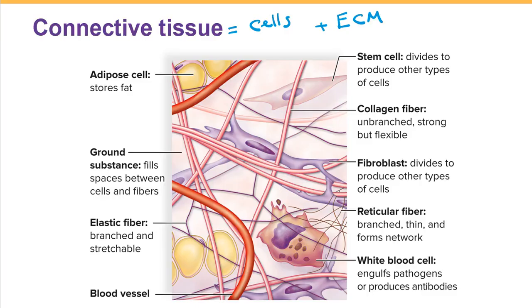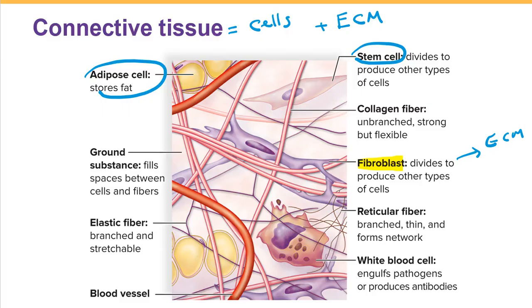For example, we have fibroblasts, the primary type of cell, which produce the extracellular matrix. We can also find adipose cells or fat cells, and stem cells, which are able to divide and produce other types of cells. So we can find different types of cells in connective tissue with different functions.